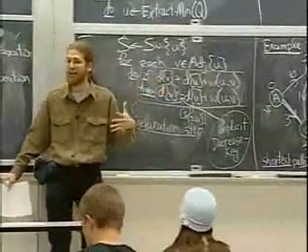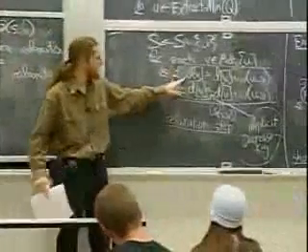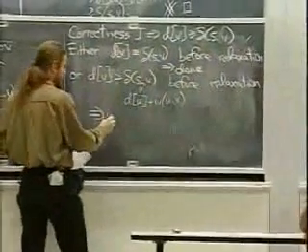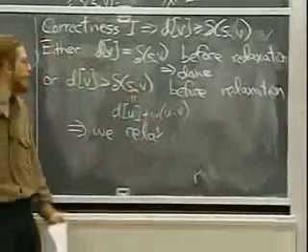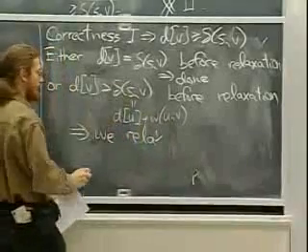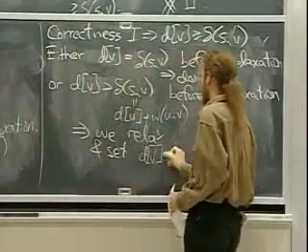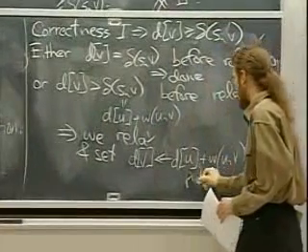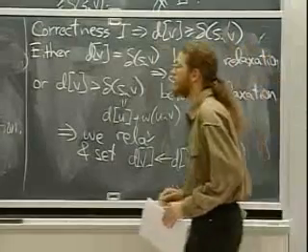So relaxation actually does something here. If you have the wrong distance estimate, this if condition is satisfied, therefore we relax. Then we set d of v to d of u plus w of uv, and this equals, as we said here, delta of s comma v, which is what we wanted to prove.